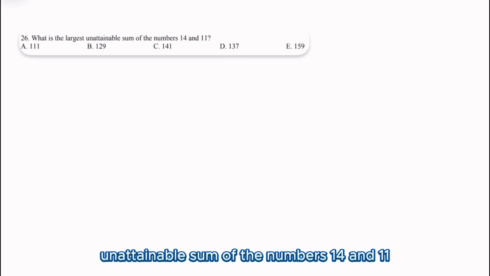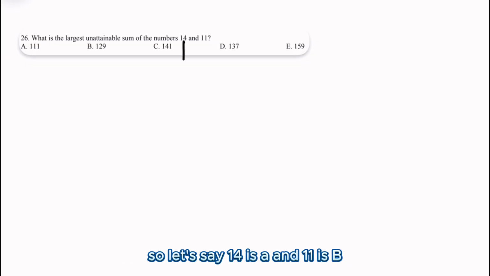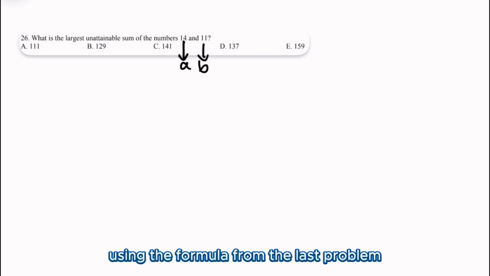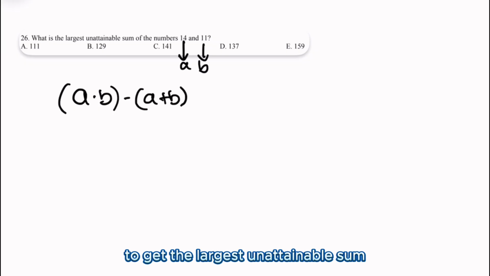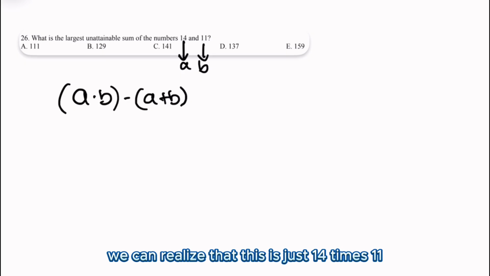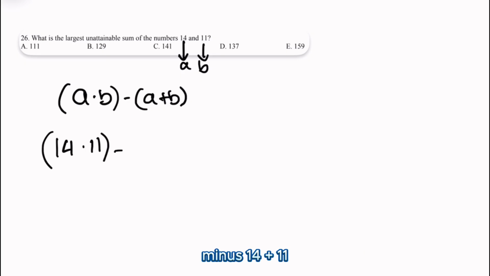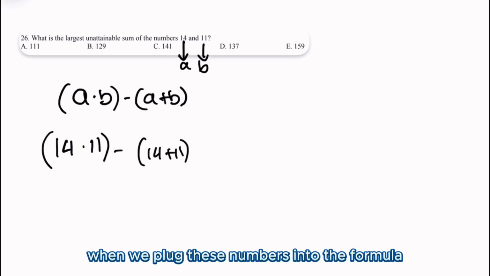What is the largest unattainable sum of the numbers 14 and 11? So let's say 14 is A and 11 is B. Using the formula from the last problem, which is A times B minus A plus B, to get the largest unattainable sum, we can realize that this is just 14 times 11 minus 14 plus 11 when we plug these numbers into the formula.